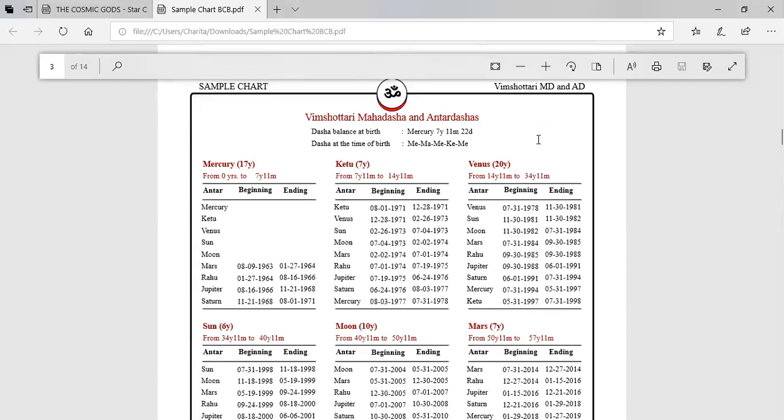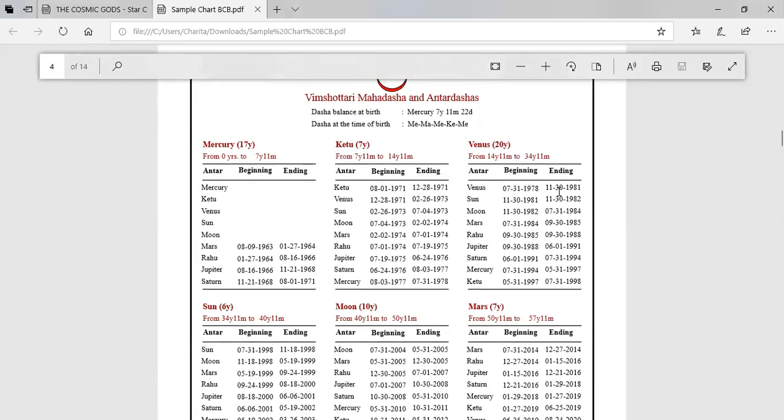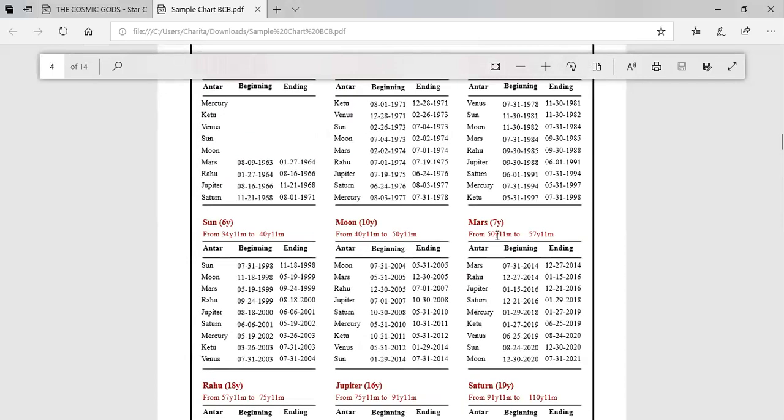Okay. So each planetary Mahadasha has its own distinct meaning and purpose and goals and lessons. And this is what this chart shows us. So, for example, if you just want to look at what Mahadasha you're in right now, you would just simply look at the corresponding date.